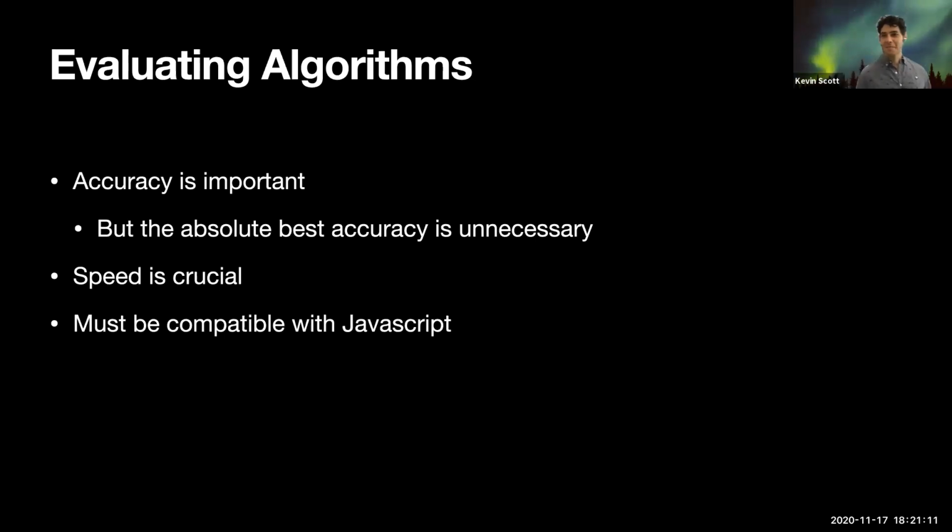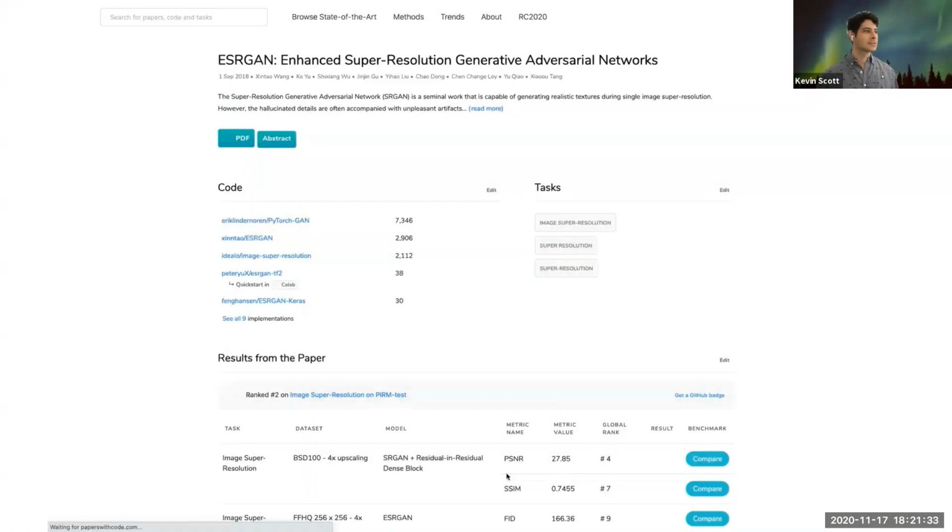Download a bunch of these Python implementations, try to convert them to JavaScript, and see how they do. A lot of them won't work out of the box, for various reasons. I think that's probably the best use of time in terms of trying to find one that's really good.